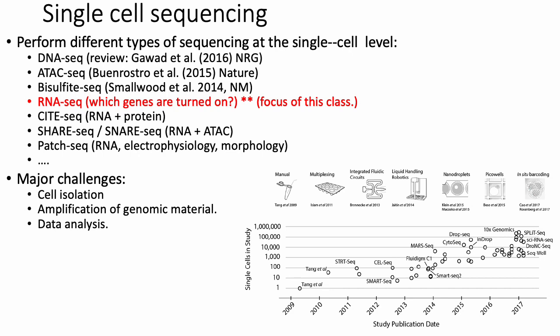The second major challenge is due to the limited amount of material that you can get out of individual cells. One of the reasons why the bulk assays require millions of cells is because any given individual cell doesn't really contribute that much RNA or DNA and so on.